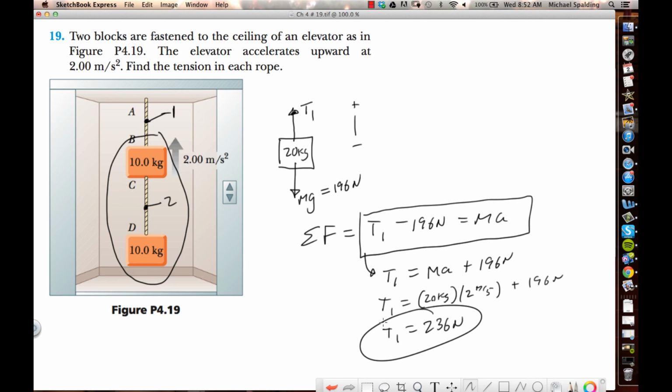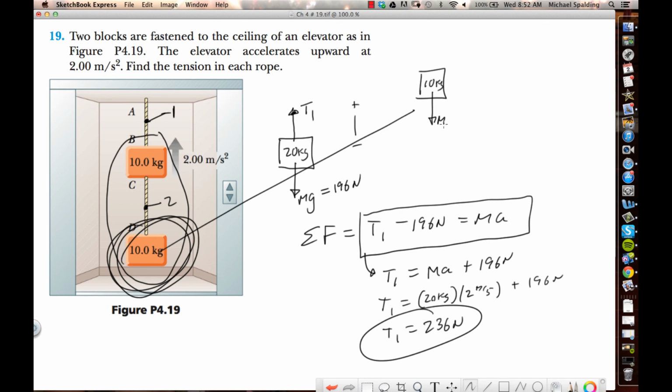Now how do we get T2? Well, just go to this guy right here and do a free body diagram. So here's our 10 kilogram lower guy. What are the forces on the 10 kilogram lower mass? mg down, which is equal to 98. And then what's the only force up?